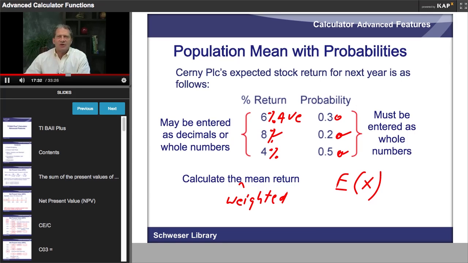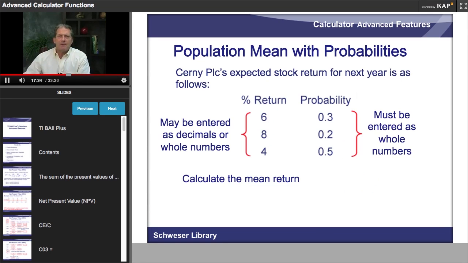And so that, from a mathematical standpoint, we're going to multiply each one times the probability and add them all up. So here's our calculation here, and we'd take that sum, and that sum would be this weighted mean or expected value.